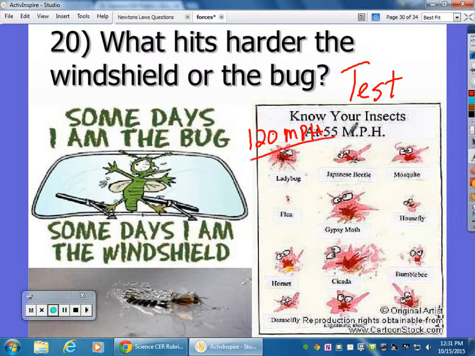So let's say 0.005 seconds. If you do that math, you're going to find that the bug has an incredibly large acceleration. And that large acceleration creates a splat. Its exoskeleton cannot handle the change in acceleration at that rate.